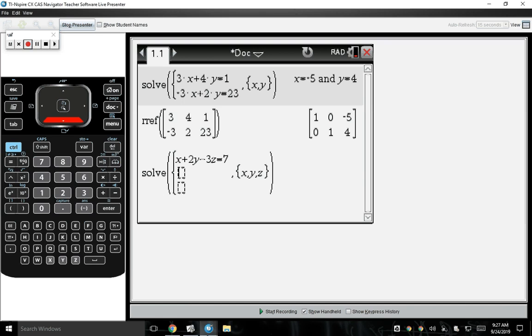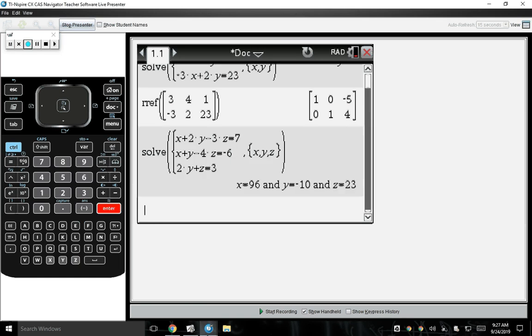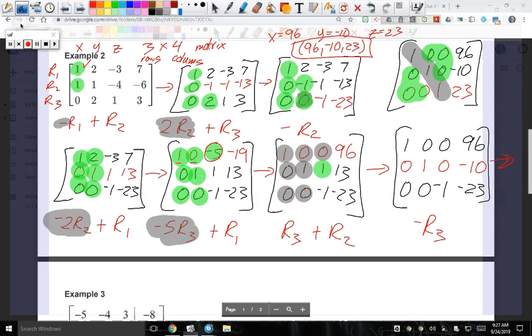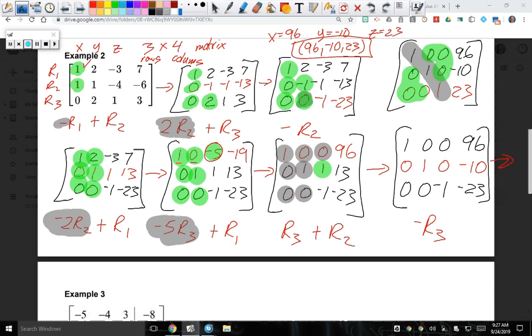Then that's what? x plus y minus 4z equals negative 6. Nice. And what's the last one? There you go. 2y. There's no x's. It's 0x. You don't have to write that down. 2y plus z equals 3. Look at this. 96, negative 10, 23, which is exactly what we got right there.